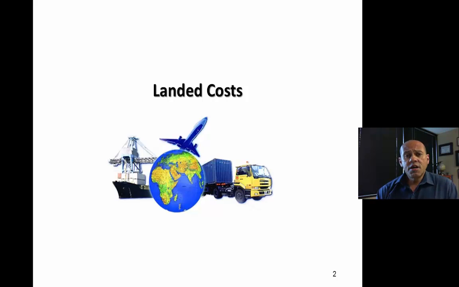Now in this lesson, we're going to focus on landed cost from the aspect of the unit cost. The example that I'm going to give is based on one unit. As we go through this example, imagine that this is one of several thousand units, say in an ocean container, so there's a big volume here.